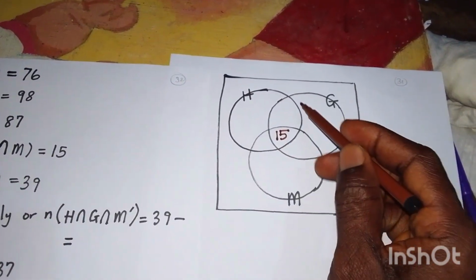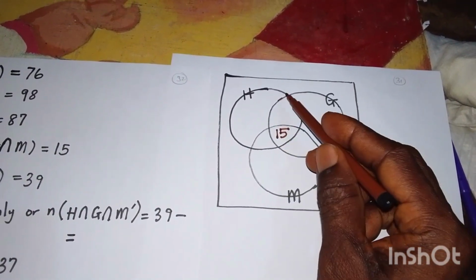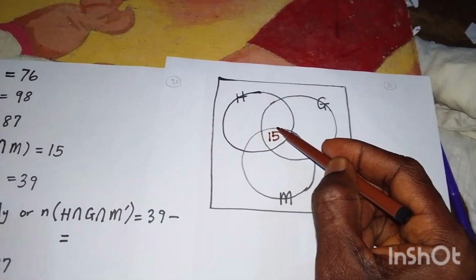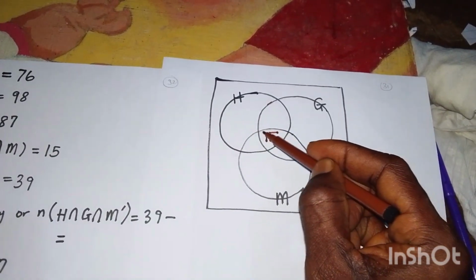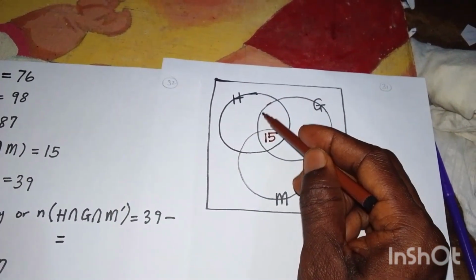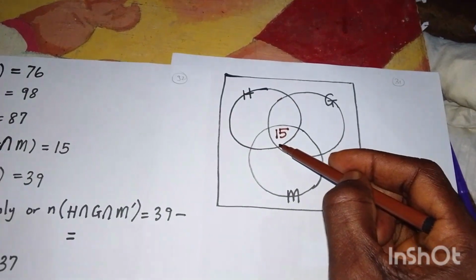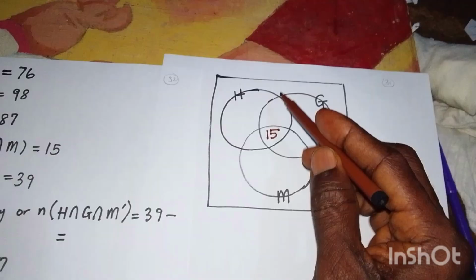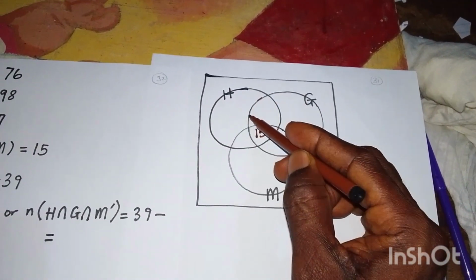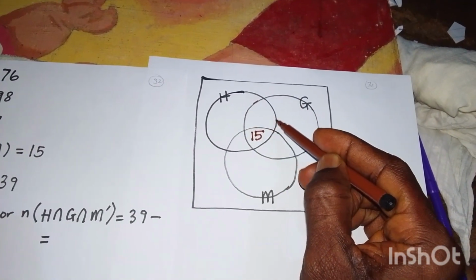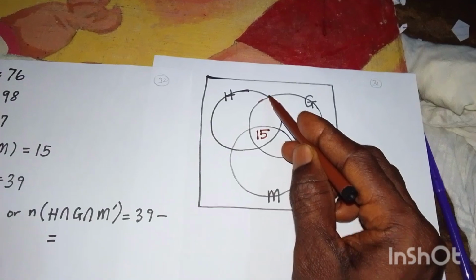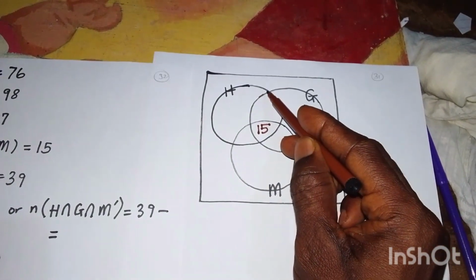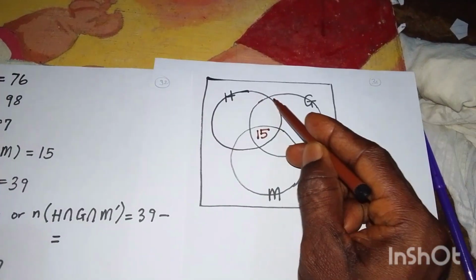But out of these people, the 15 students that like the three subjects are also part of those that like history and geography. So those that like history and geography only will be in just these two subjects here, this place.